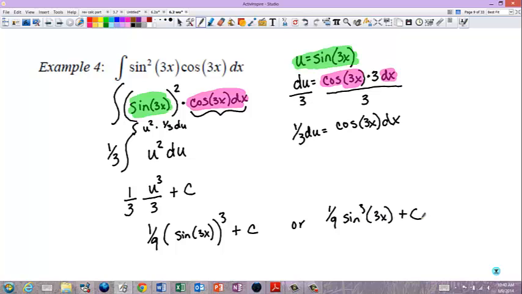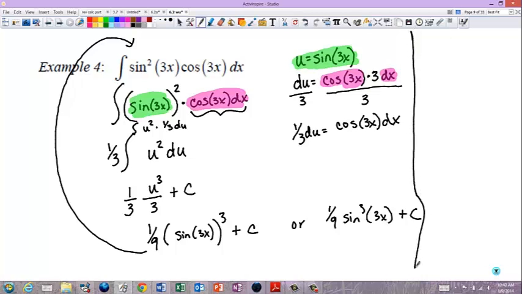And again, you could take the derivative, and you should get this. You don't have to do this. I'm going to come over here and check it just for good measure. Let me rewrite it. 1/9 sine of 3x. It's easier for me to take my derivatives like this.